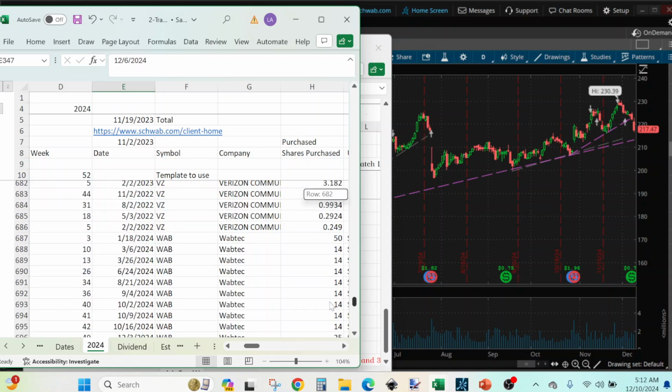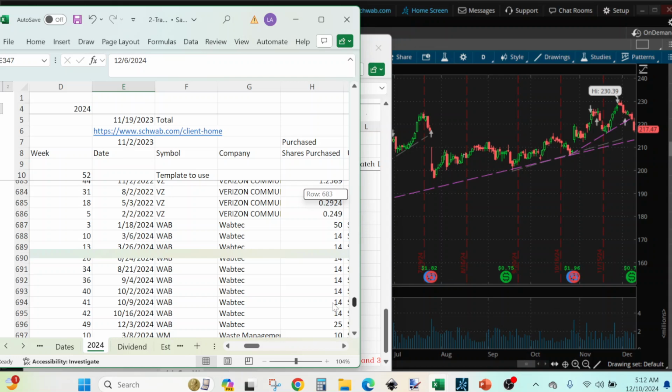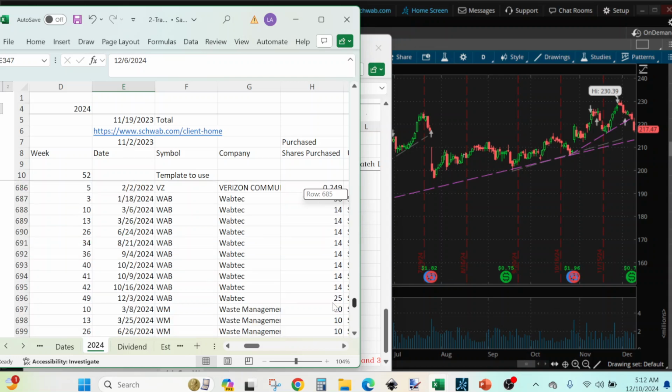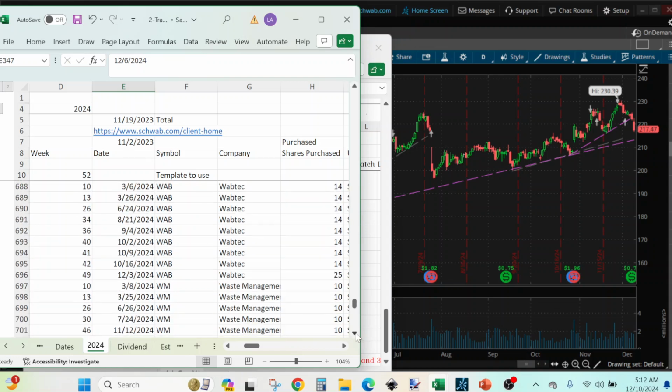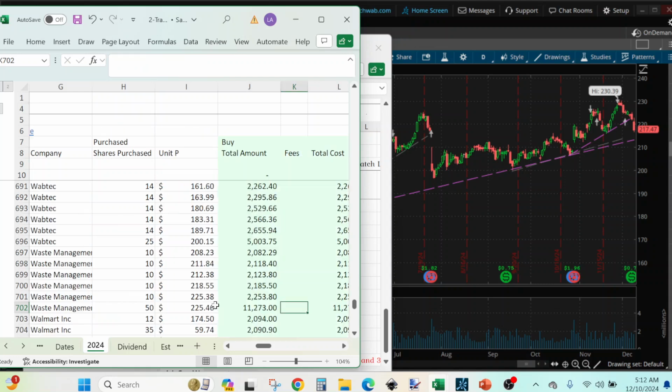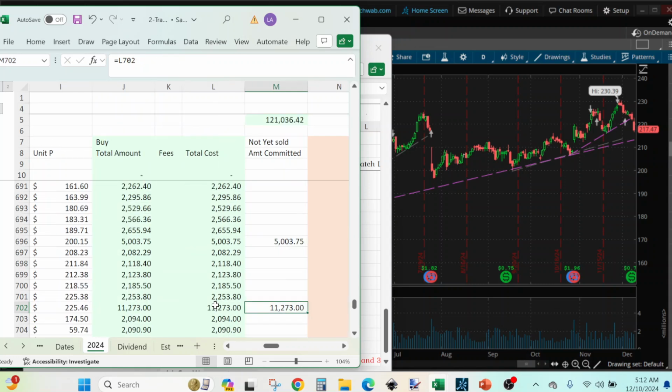So WM, we bought it on the 3rd of December, 50 shares. We pretty much allocate the amount we want to allocate.